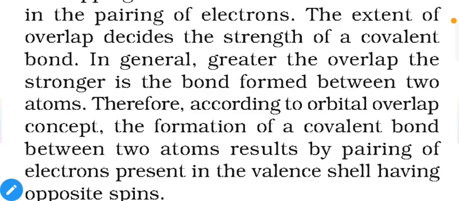Therefore, according to the orbital overlap concept, the formation of a covalent bond between two atomic orbitals or atoms results from pairing of electrons present in the valence shell having opposite spin. So keep in mind, all the electrons which pair with each other must have opposite spin. If they are spinning in the same direction, then we cannot pair them. If they are spinning in opposite directions, that means the spin quantum number of each electron should be opposite if they are paired with each other.